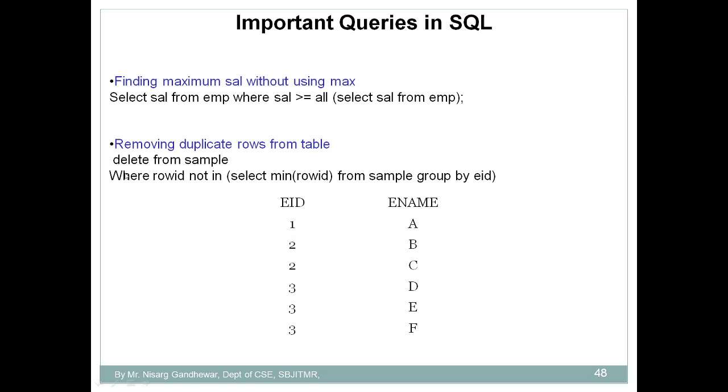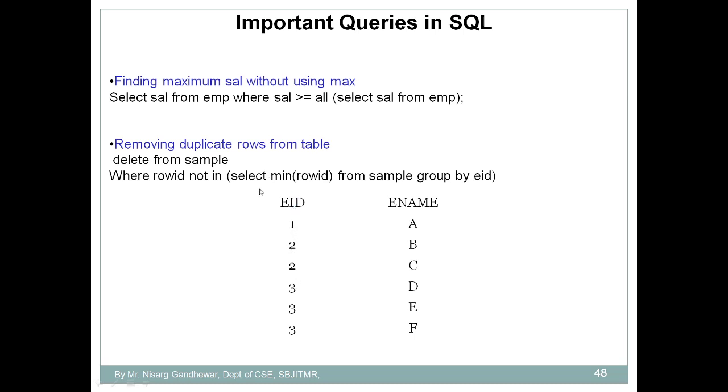Then in the outer query, delete from sample where row ID is not in the inner query result. So that row ID should not be part of this. In the outer query we are checking the row ID of every row, and we are deleting such a row whose ID is not present in the inner query. So which rows will the inner query return?